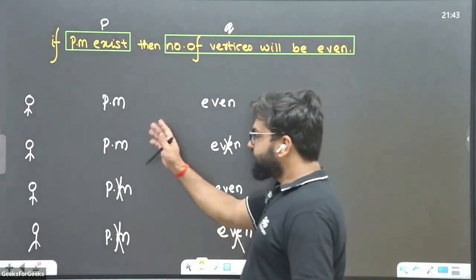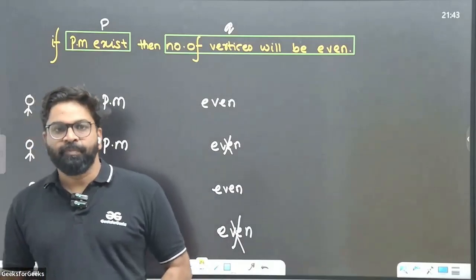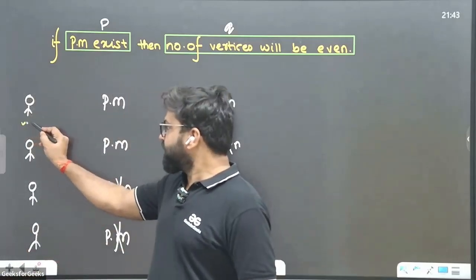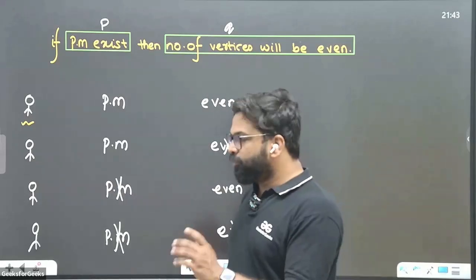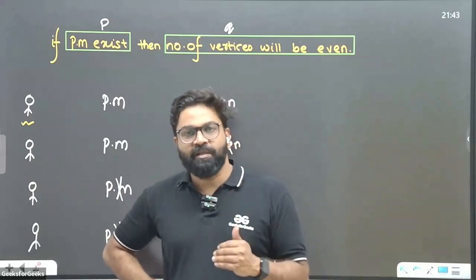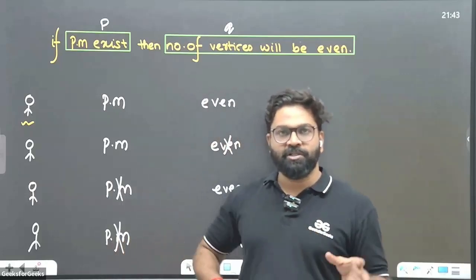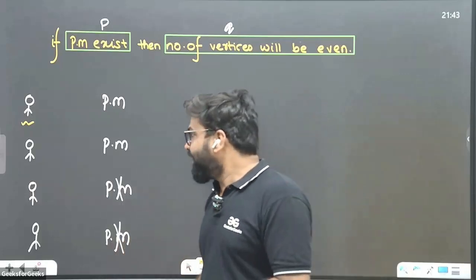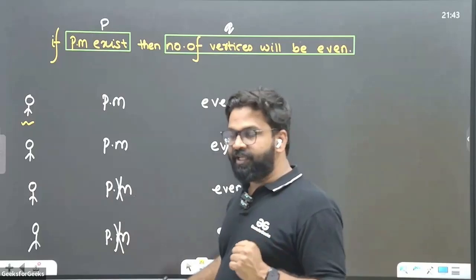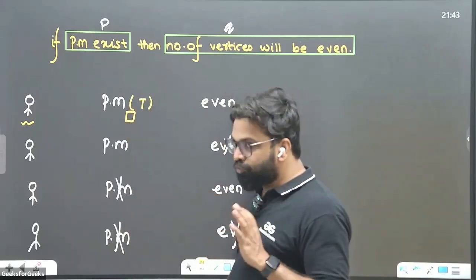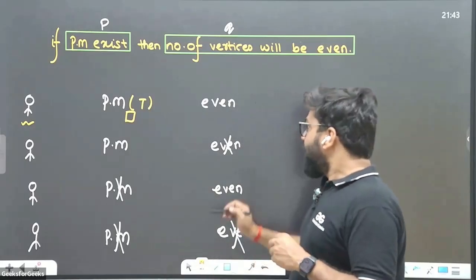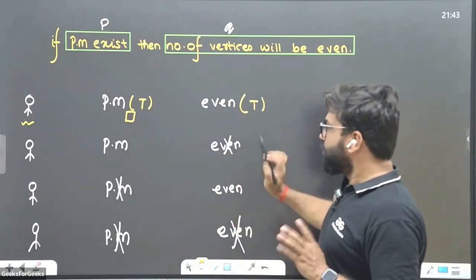Let's consider the first condition, where perfect matching exists. So this is the first person: you have given a brand new theorem, and there are 4 mathematicians. The first mathematician comes with an example where he says, I have a graph where the perfect matching exists. That means this is true. The even number of vertices is also true.